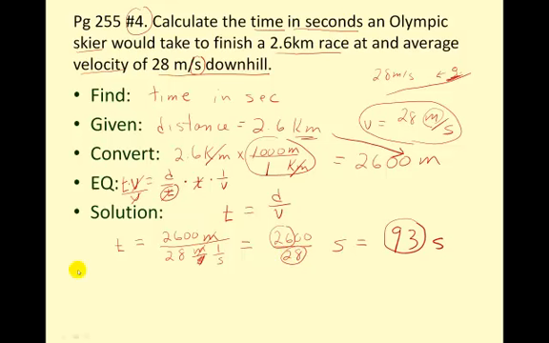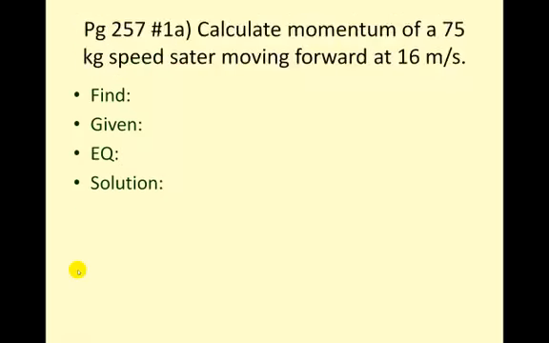Okay, now we're going to go to the next problem, which is on page 257, number 1A, calculating momentums. So we have to know what our momentum is, and we have a 75 kilogram skater moving forward at 16 meters per second.